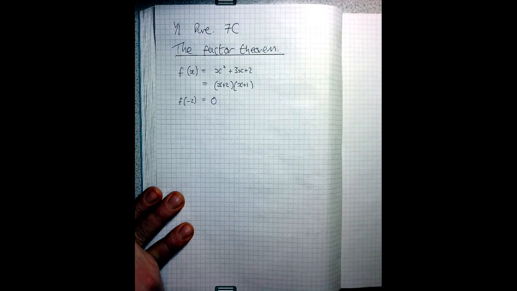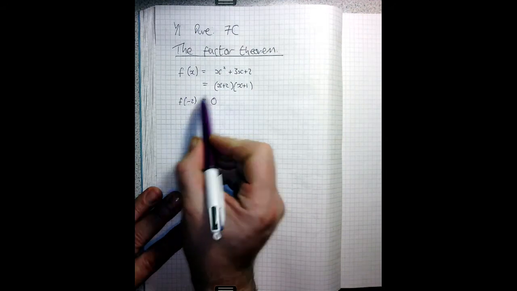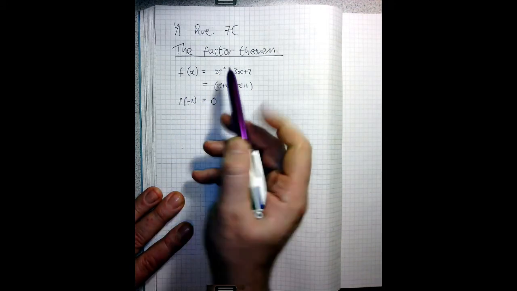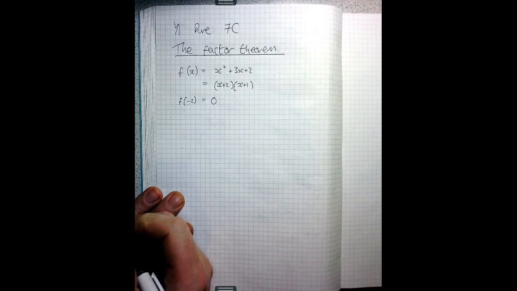There's nothing new there. The factor theorem says if I have a number which when I sub in it makes it go to 0, then I've got a factor.